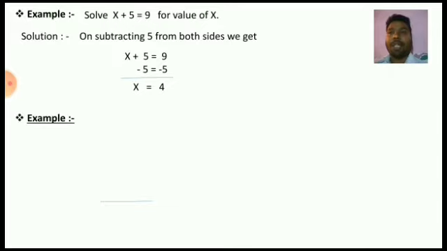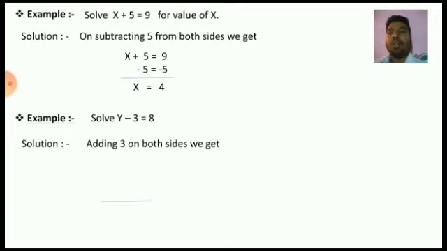Next example: solve y minus 3 is equal to 8. We have to find the value of y. How do we find the value of y? Solution: we add the 3 on both the sides of this given equation.